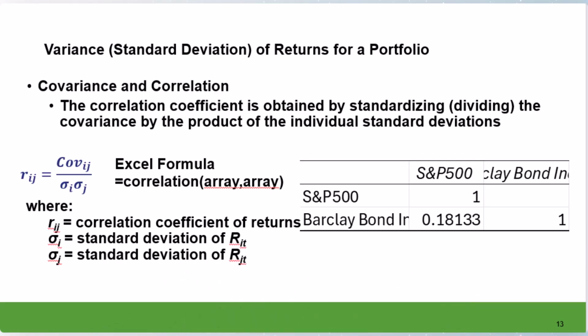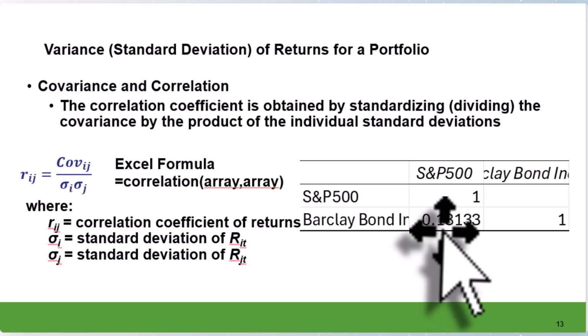So correlation standardizes the covariance. It'll be between -1 and +1. This is the engine that drives diversification. Two volatile assets can produce a low-risk portfolio if their returns are imperfectly correlated.